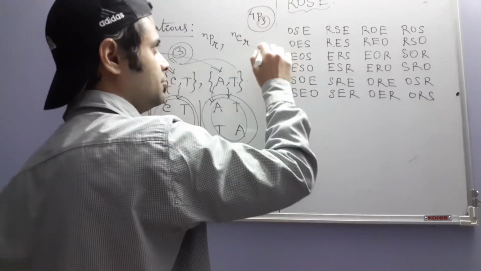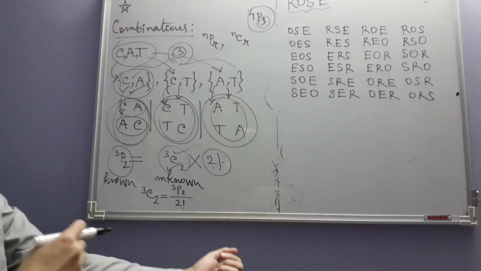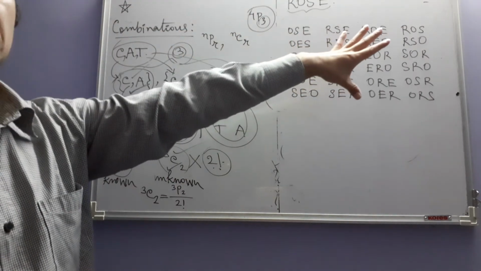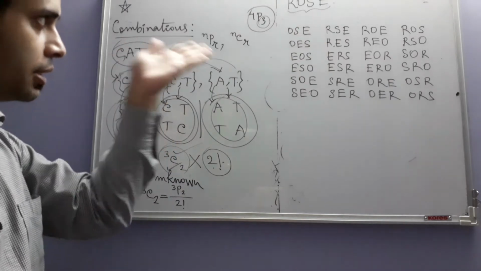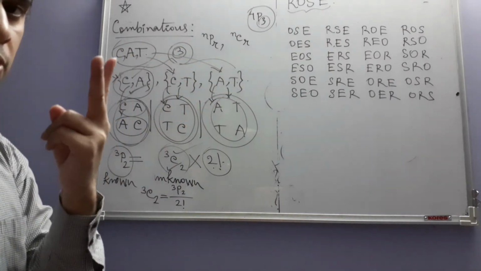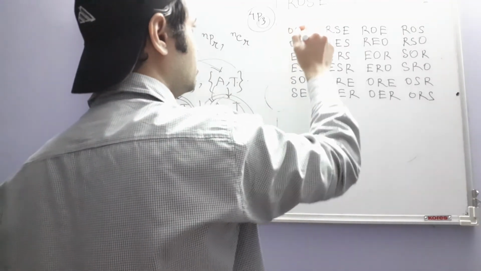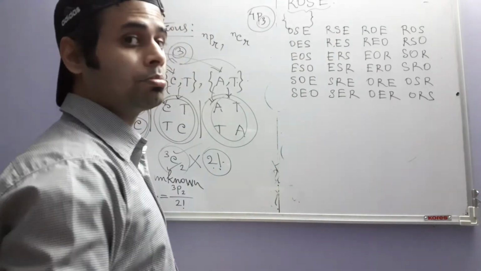4P3 is also 24, which we can find from the formula. But now the question is, instead of writing these permutations just by looking at these words, this process also involves 2 steps, just like this one. In the first step, we choose the letters that we want to permute.